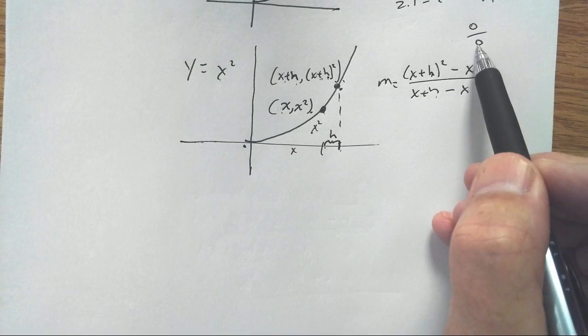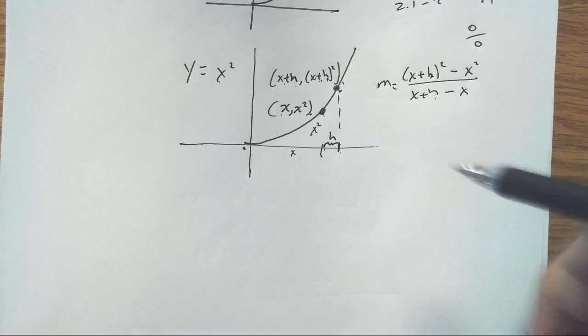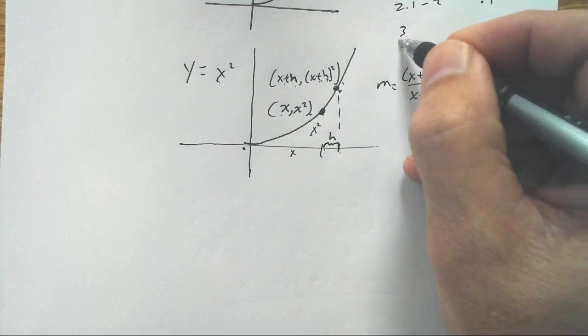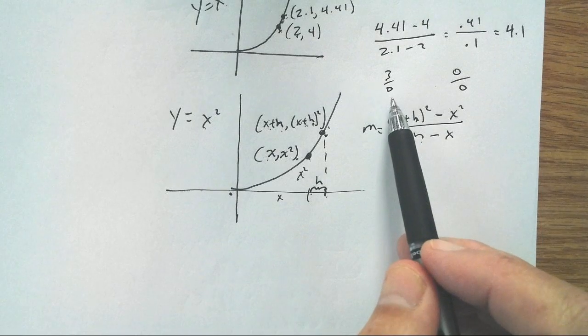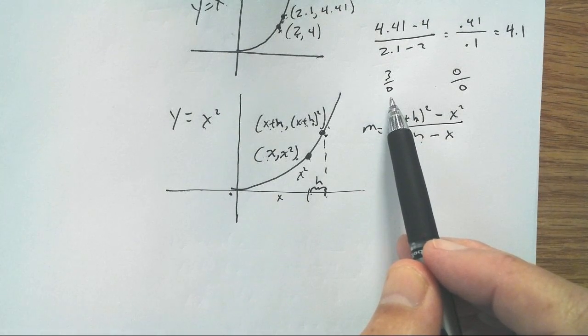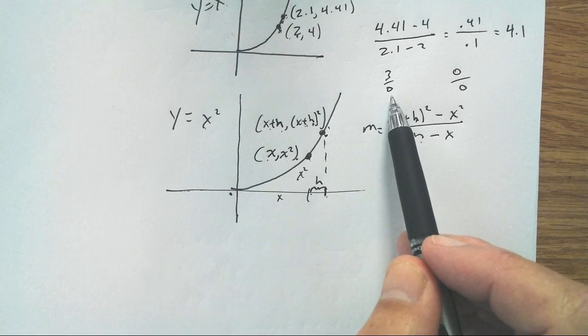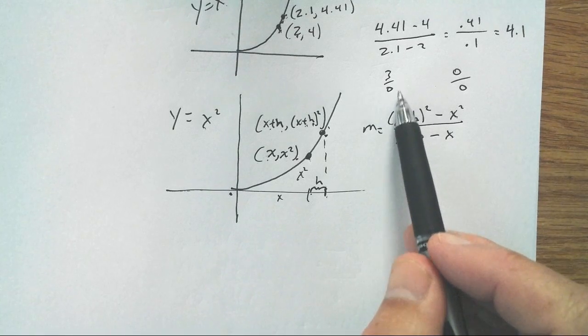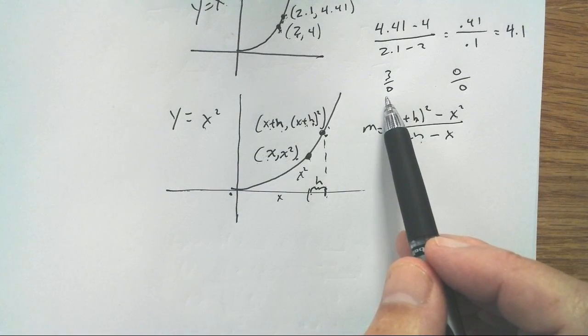Well, 0 divided by anything is 0, but we can't divide by 0, and we can kind of figure out what's going on. Let's say I had 3 divided by 0.000001. That's like 3,000,000. 3 divided by 0 wants to be approaching infinity.